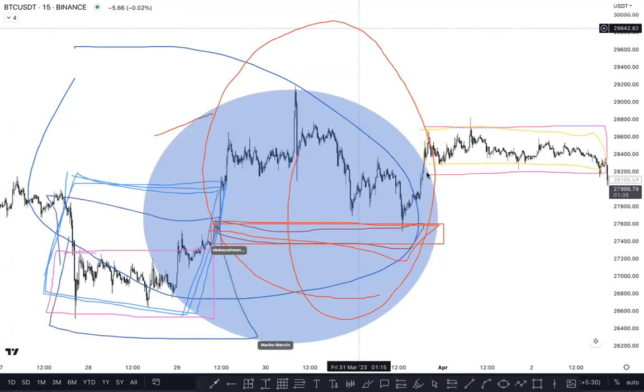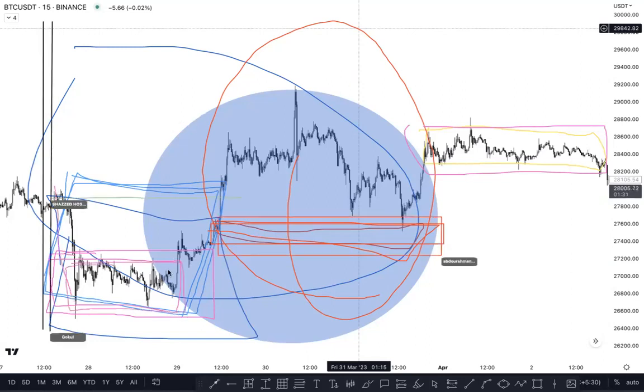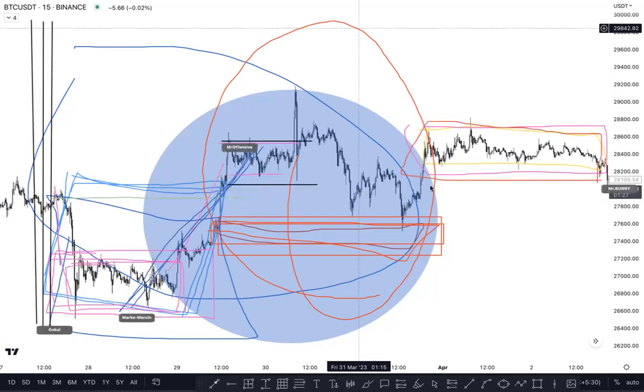This is a ranging market, and this one is also ranging. Here an impulsive move and ranging, again impulsive, range, impulse, same process.